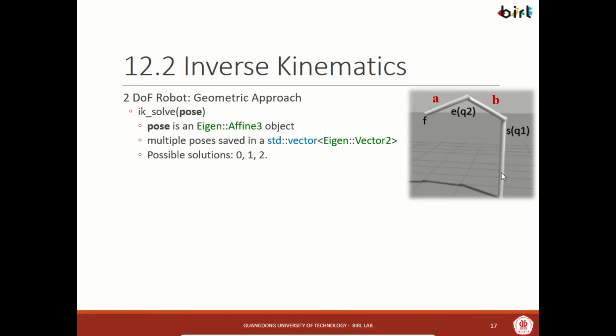So when you compute the inverse kinematics for one pose, you might have 2 solutions if you can reach that location. And so how do you output the result? You need a vector because you have more than one solution. And that vector is going to be Eigen Vector2s because you have 2 joint angles for this particular problem, shoulder and elbow. Okay? So sorry, that's not multiple poses, that's multiple joint configurations.